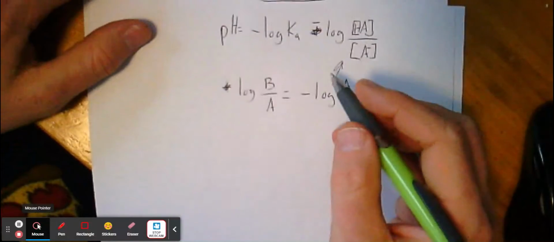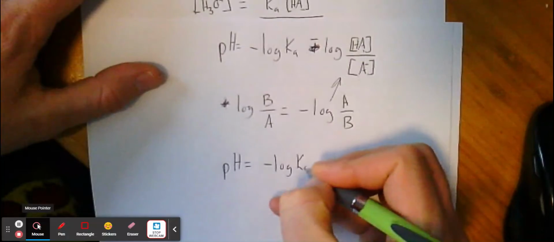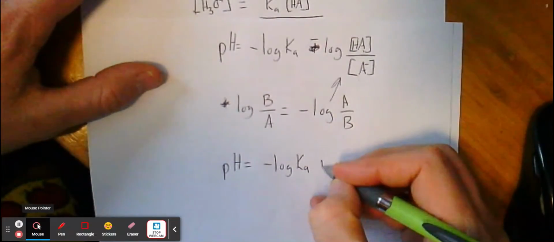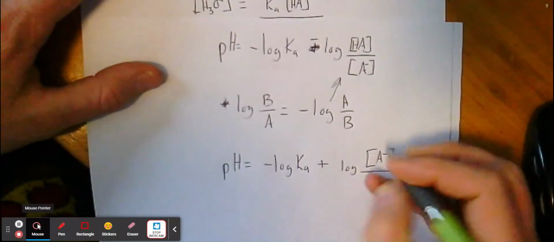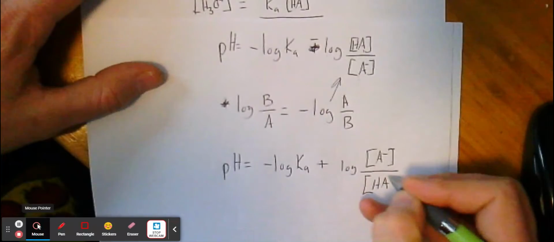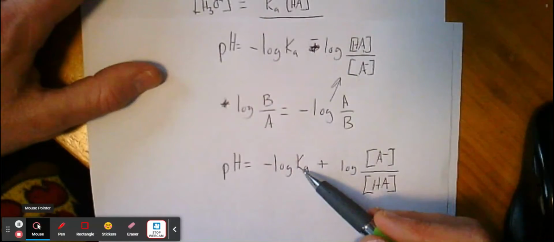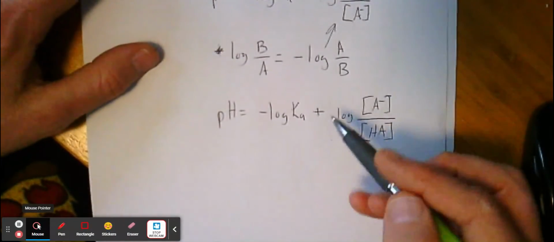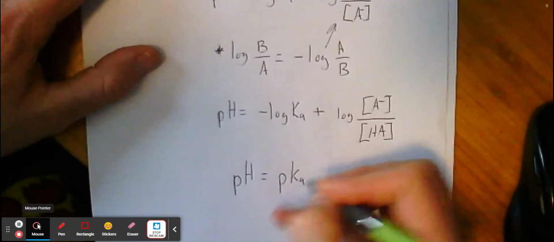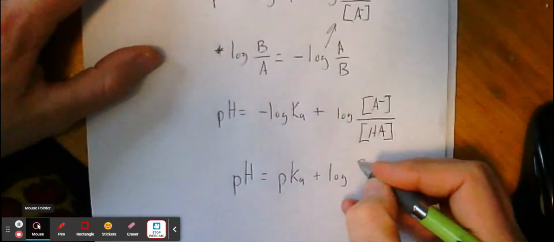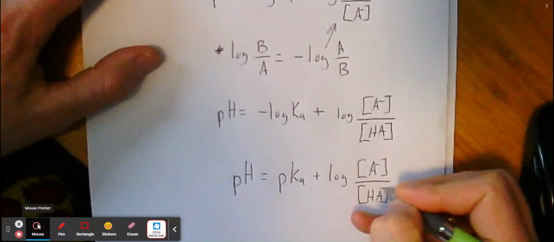And then that becomes pH equals the negative log of your Ka plus the log of my conjugate base divided by my concentration of weak acid. Now, this thing right here is my pKa. So pH is equal to pKa plus the log of conjugate base divided by weak acid.